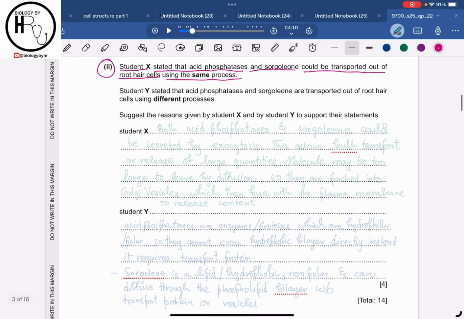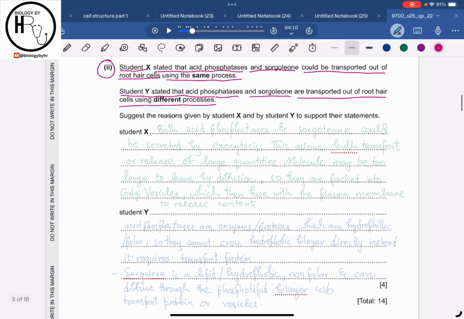Now student Y stated that the acid phosphatase and sorgoleone are transported out of the root hair cells using different processes. Then they ask us to suggest the reasons given by student X and student Y to support their statements.